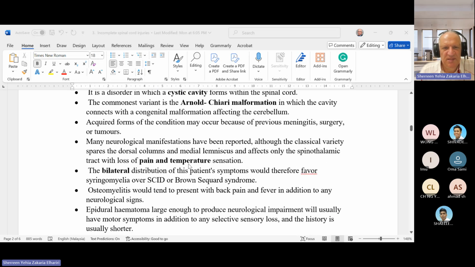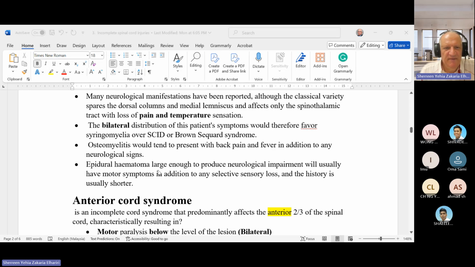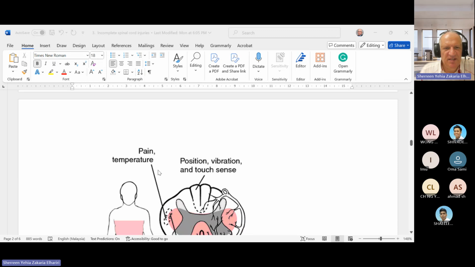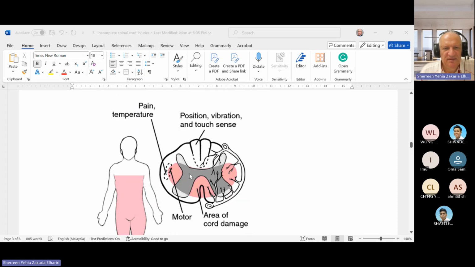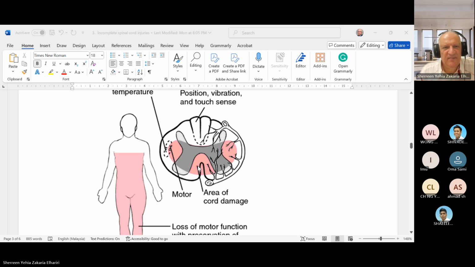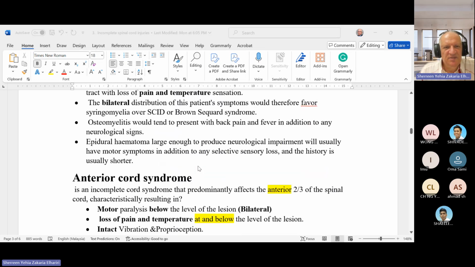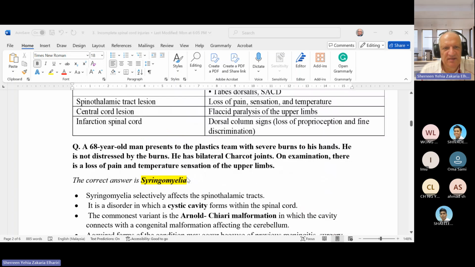Again, pain and temperature are lost. The distribution is bilateral, so it can be in both upper limbs. If you see the picture here, you can find it is something central. So it is in the central area, which affects the sensation. So this is what we call syringomyelia or spinothalamic tract lesion.